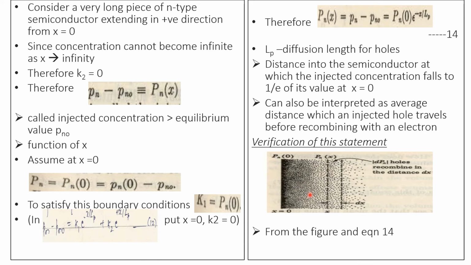So from the figure and equation 14, we can differentiate it as dp_n'/dx is equal to p_n'(0) into e raised to minus x by L_p upon minus L_p. Taking the mod of this equation, this minus sign will go.